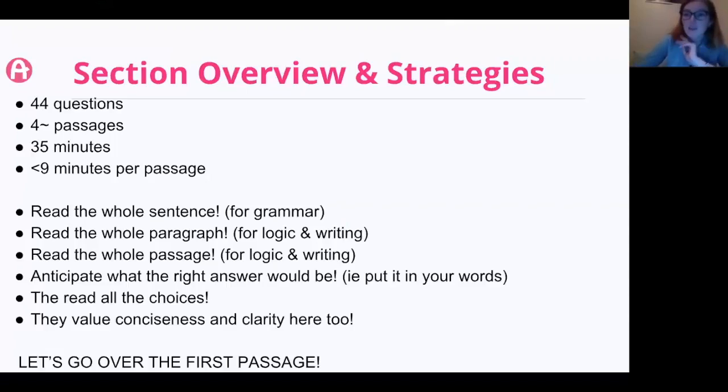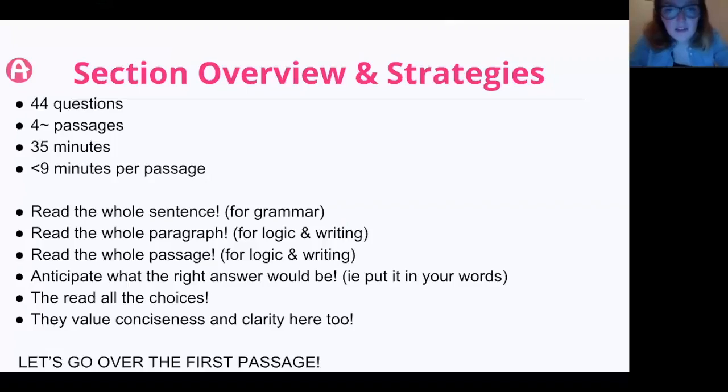At least 75% of the answers are going to be incorrect, and your students will jump at the first half passable option that they can find. So focusing on coming up with your own anticipation of what the answer is, and then going through all 4 choices and giving them their proper due is just kind of non-negotiable with this section.